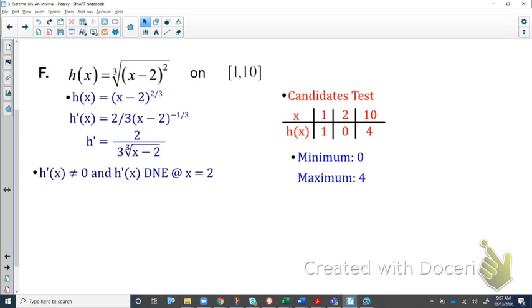And so that means we have to be able to find derivatives of a whole bunch of different types of problems and then be able to solve those for 0 and then perform a candidates test for the extreme value theorem to show that I'm going to have something here that's going to be a minimum value or a maximum value. And so the last thing that you need to be able to do is understand that for the extreme value theorem, the function needs to be continuous over whatever its defined interval is.